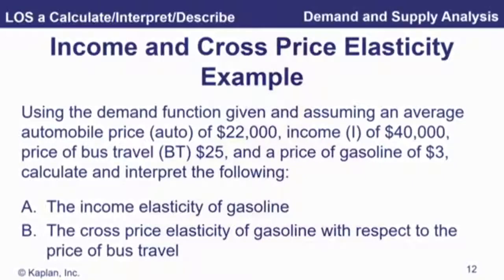Okay, so we have that demand function. What do we need to start answering questions? Well, the examiner is going to start giving us information. So if we click on and see the question with data in it, we're told using the demand function given, assuming an average price for cars of $22,000, income of $40,000, bus travel of $25, and a price of $3, let's get the income elasticity and the cross-price elasticity of gasoline with respect to the price of bus travel.